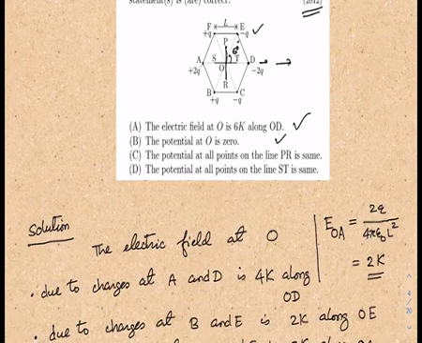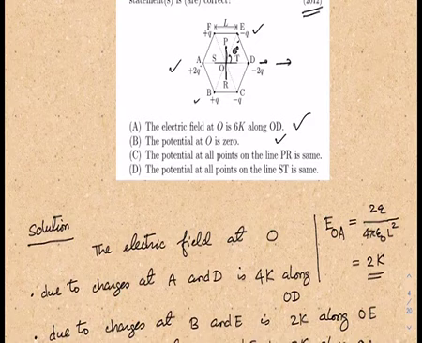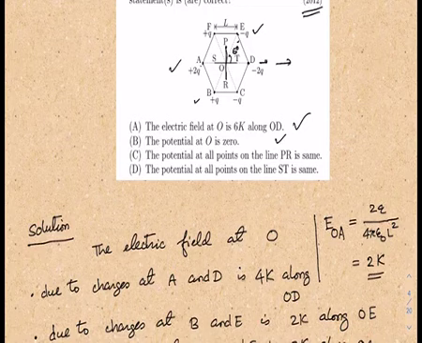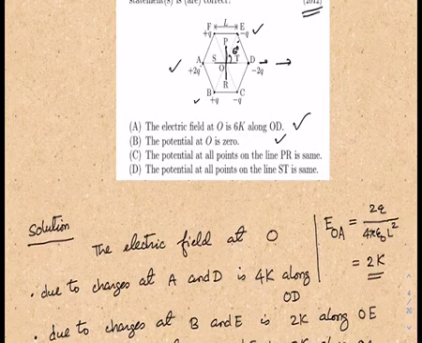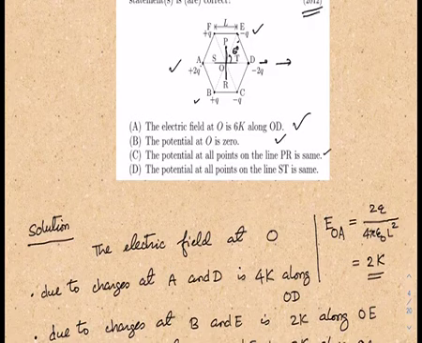This is one dipole, this is another dipole, this is another dipole. So it is acting like a perpendicular bisector, and you know that the potential on this bisector is going to be 0. So therefore the potential at all points on the line PR is the same. So this option is correct.